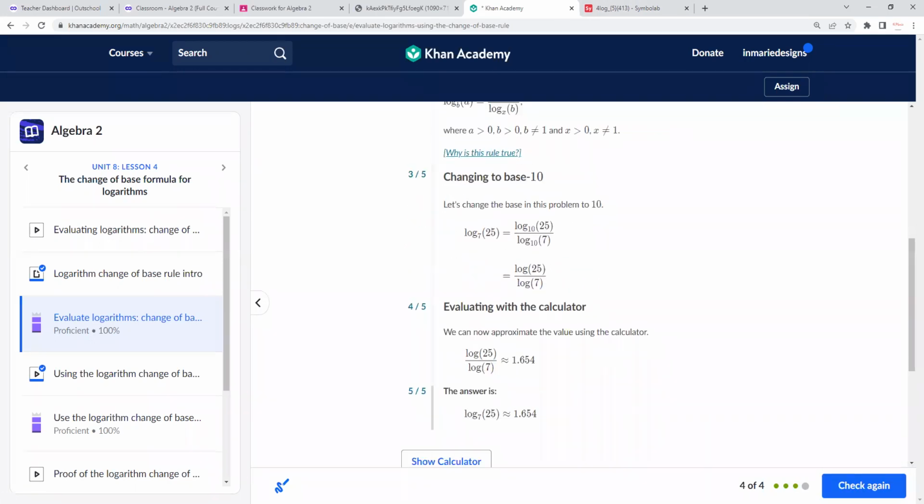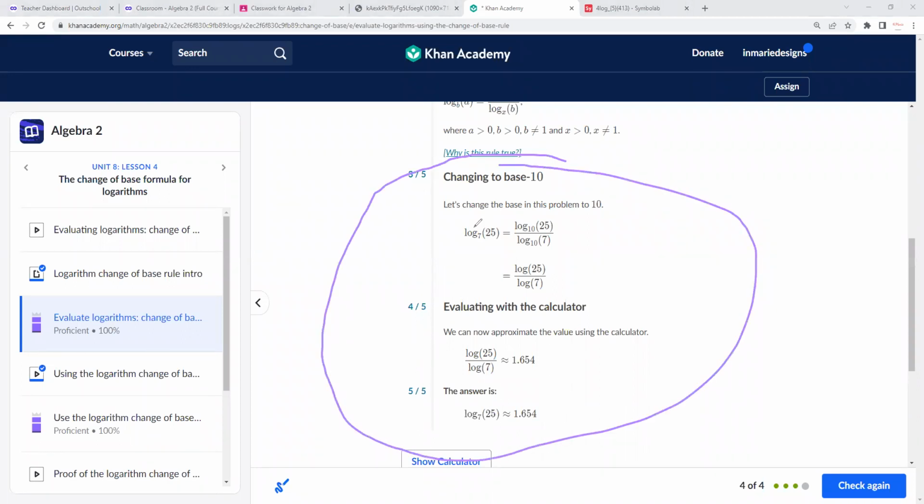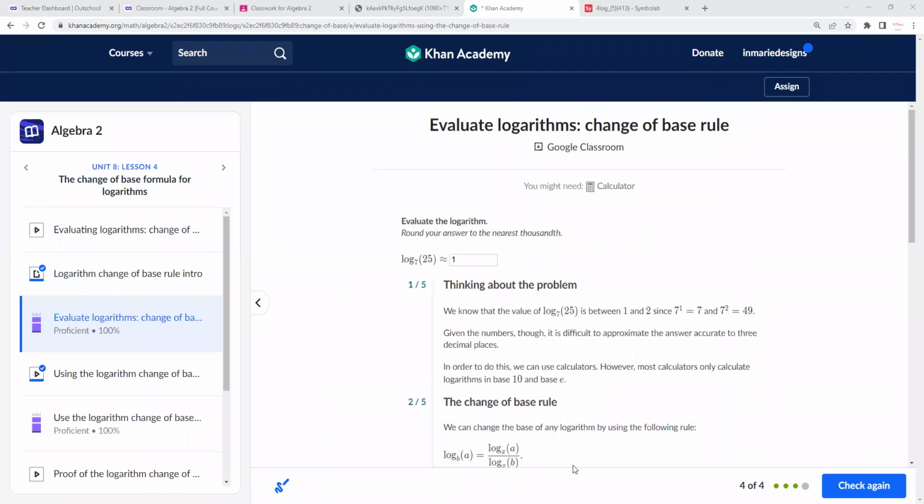So this says evaluate with the calculator. Okay, so first we need to change the base to 10. So we're basically putting our argument over our base, right? So log, like I said, already has a base of 10. Where'd they get the 25? Okay, there's nothing in front. Okay, so then you could just put that in your calculator.